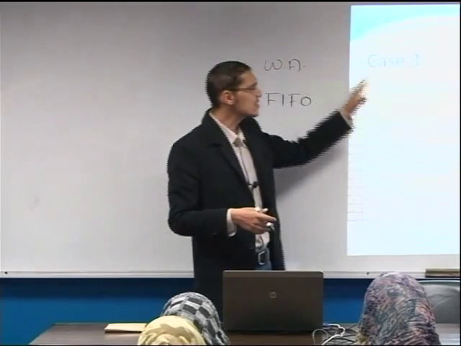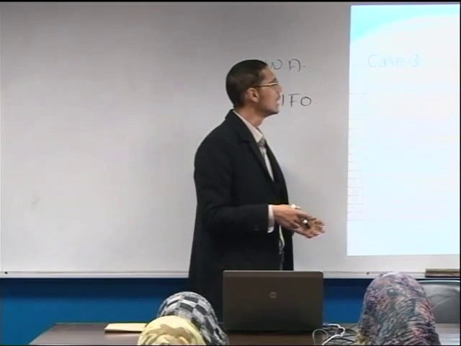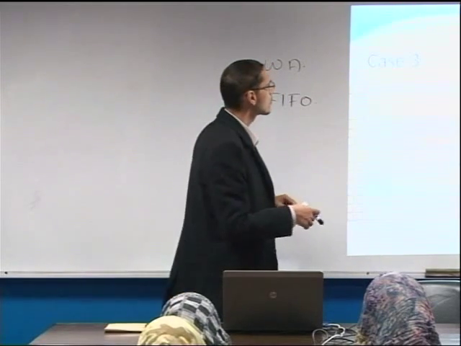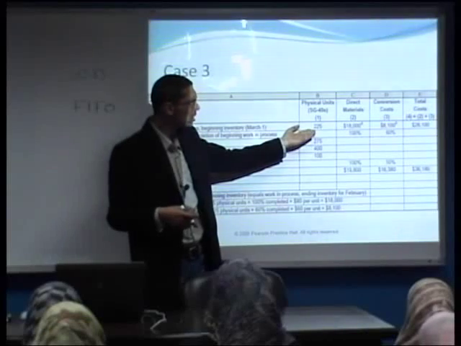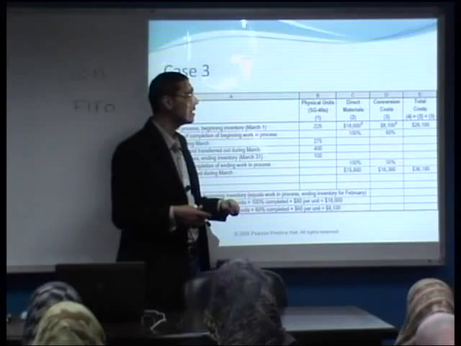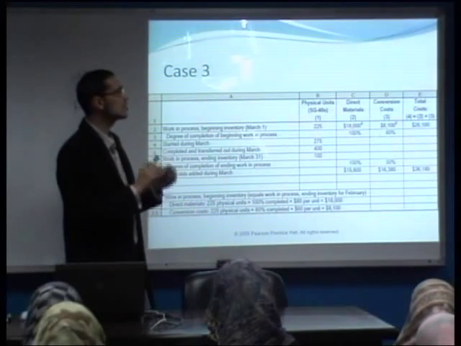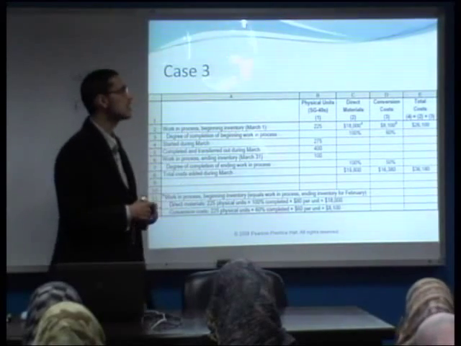Of course, this is the information for March for the assembly department. We have 225 units with direct materials of 18,000 and conversion cost of 8,100, with a percentage of completion of 100% for the direct materials and 60% for the conversion cost.